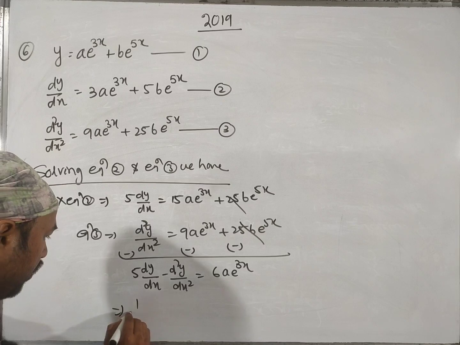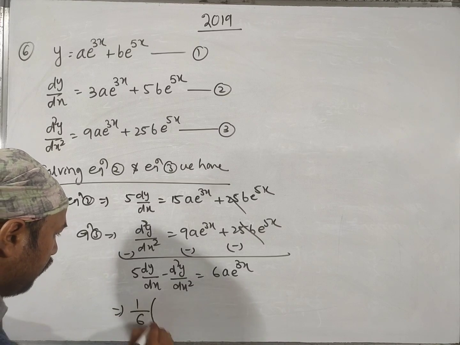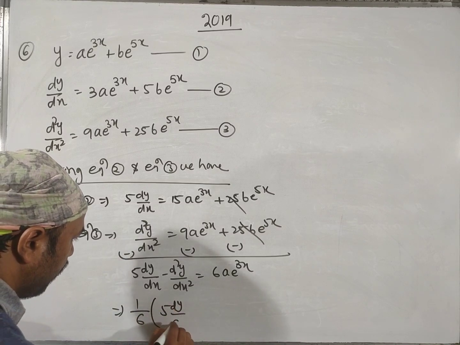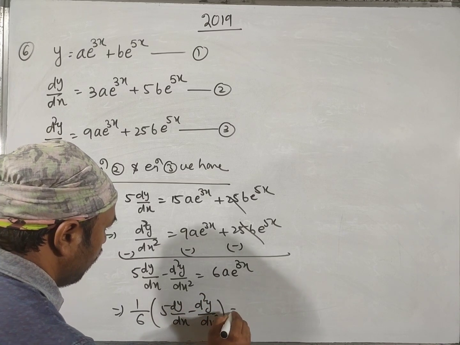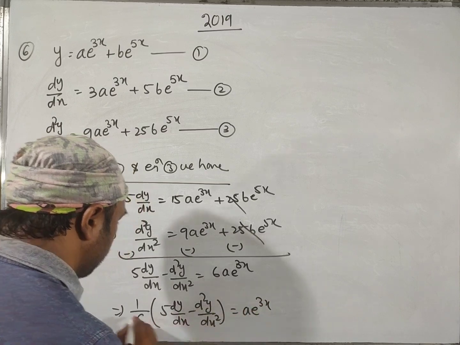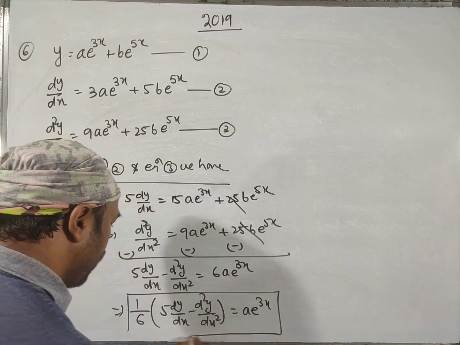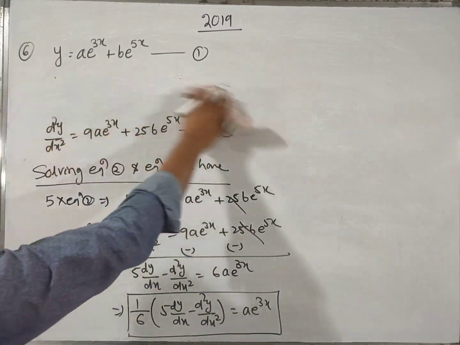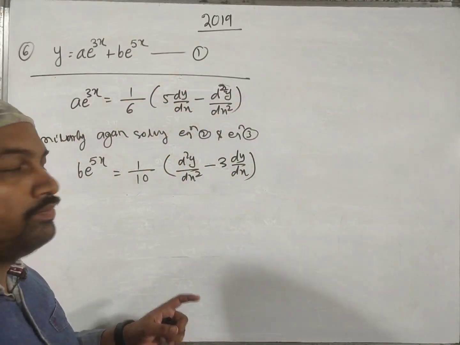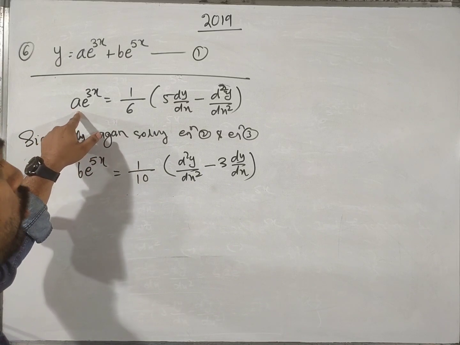Then 1 by 6 multiplied with 5 dy upon dx minus d square y upon dx square is a e to the power 3x. So here it is the value of a multiplied with e to the power 3x.